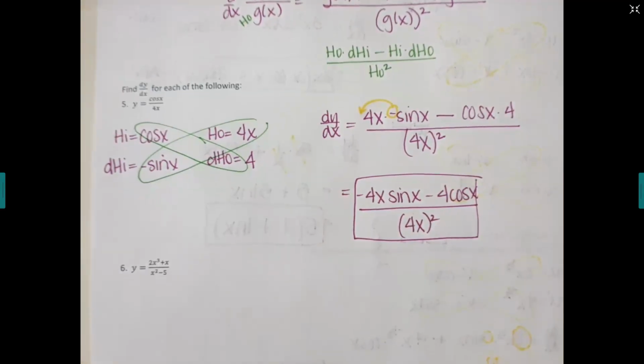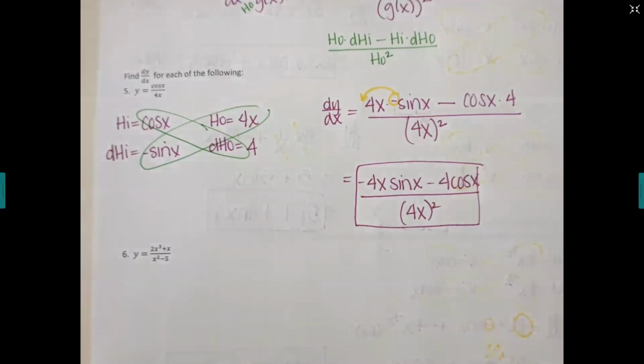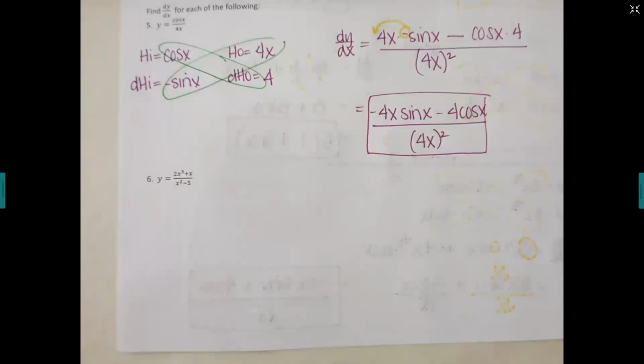Number 6, will you set it up for me, please? The top is your hi, the bottom is your ho, and then take your derivatives. Remember, any piece with more than one term, you'll have to put parentheses around it.